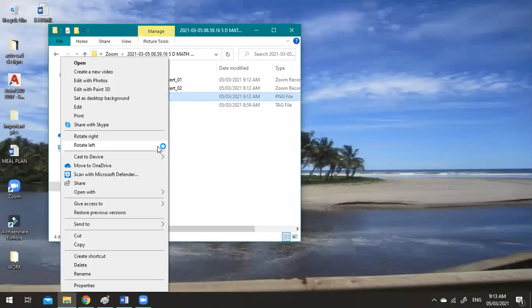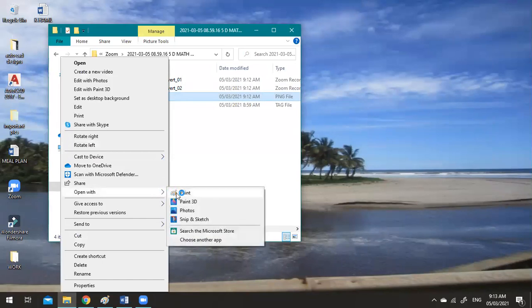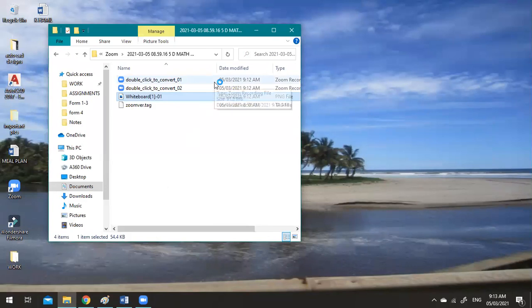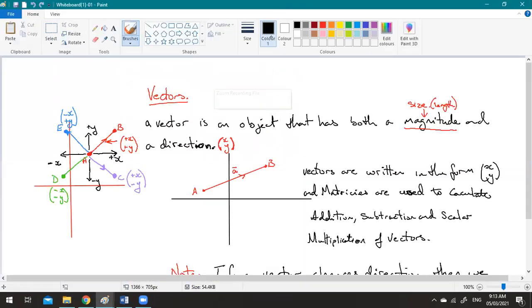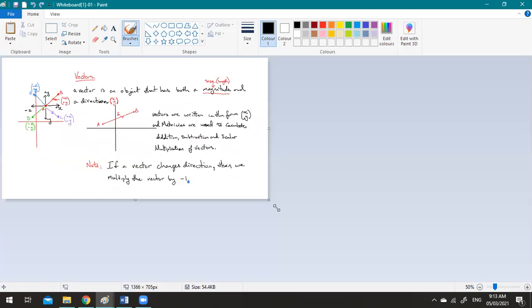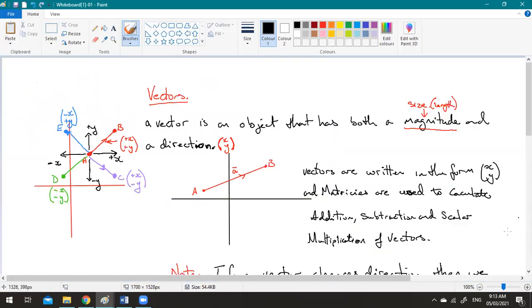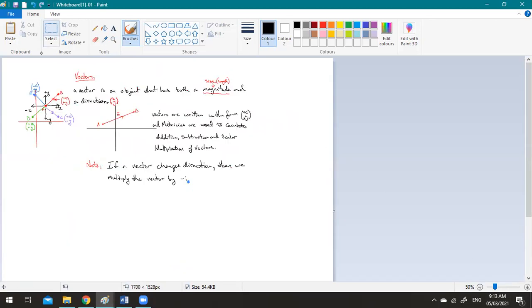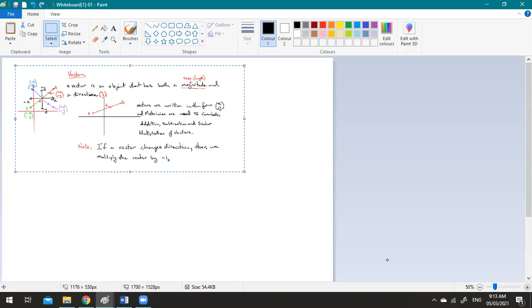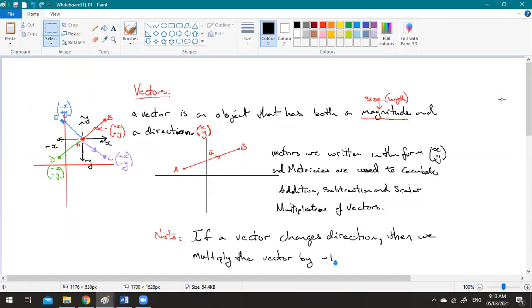Come on, computer, you can do this. Nice. All right. So we have everything in one spot. Good.